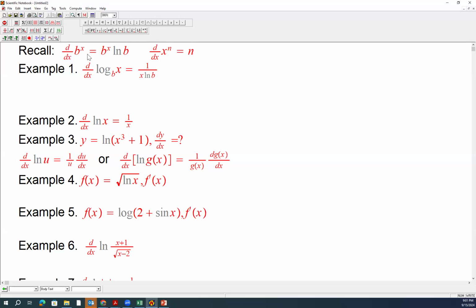In the first case, b is the constant; in the second case, the exponent is a constant. In the first case, we differentiate with respect to the exponent; in the second case, with respect to the base. So the latter equals n x to the power of n minus 1, as we know.